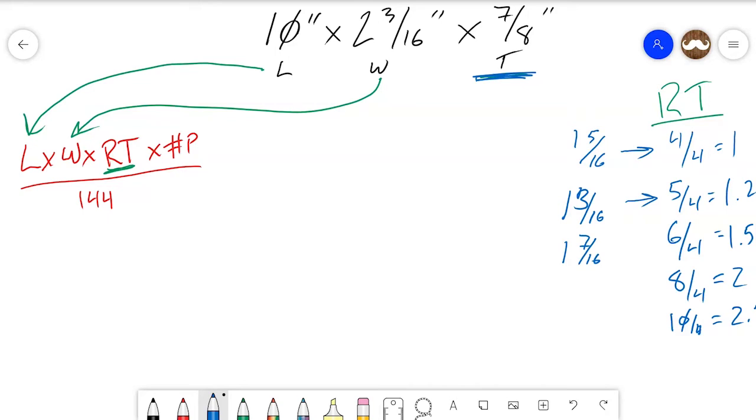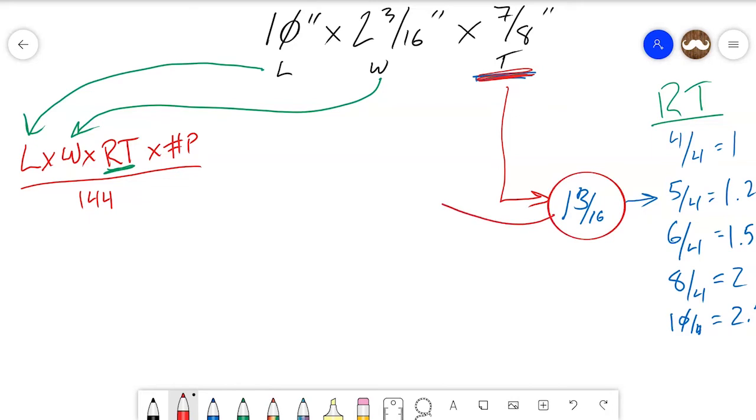So it's important to realize that if my finished thickness on my plans calls for 7/8, then I am likely starting with a rough thickness of 5/4. So let's keep that in mind as we do these calculations. We are going to make our calculation using our rough thickness of 5/4, okay?